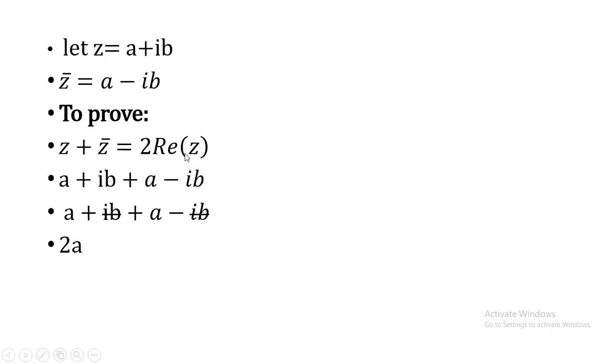And the result says that the final answer will be twice the real part. Now if the real part is a, twice the real part will be 2a, right?